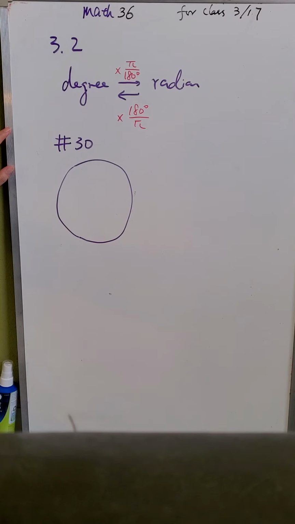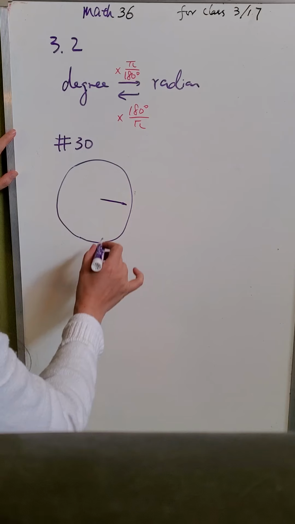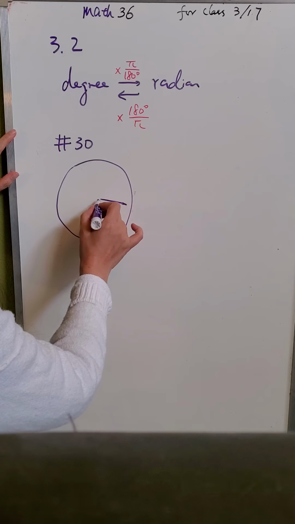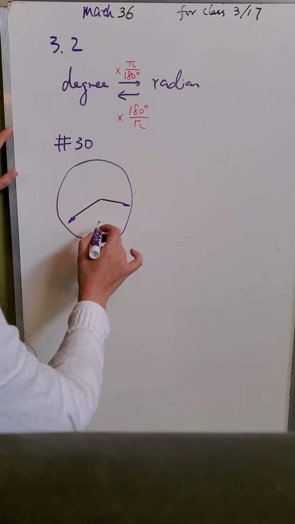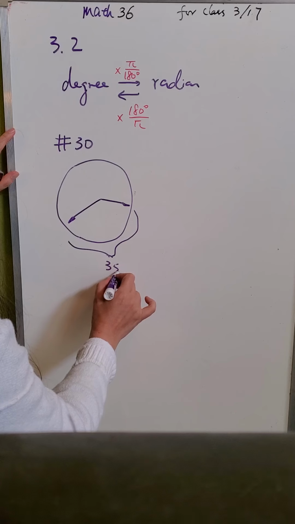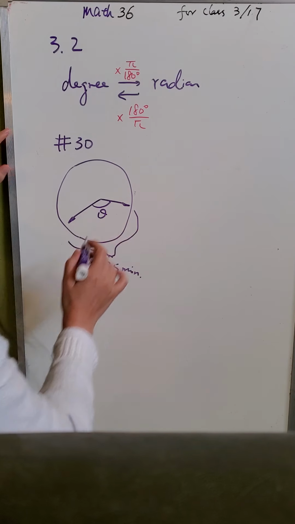And they ask how many radians the minute hand of the clock turns during a 35 minute period. So the minute hand turns a total of 35 minutes, and they want to know how many radians this theta should be.